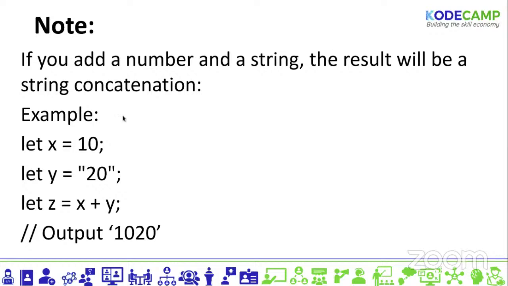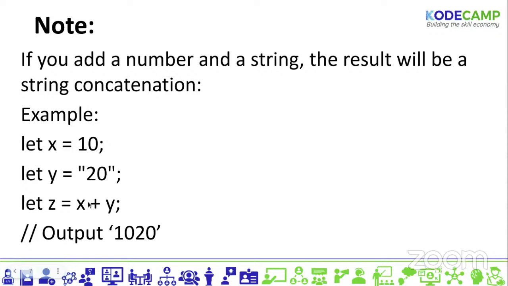If you add x as a number to y as a string and try adding them, what you will get as your output is the concatenation of the both of them. Since x is 10 and y is 20, the result will be 1020.